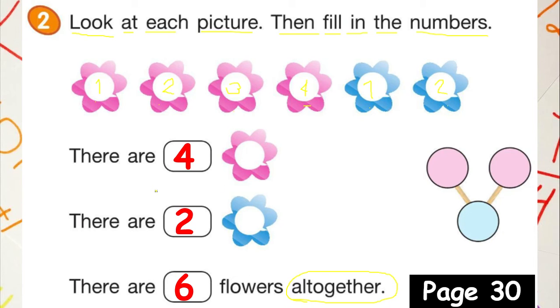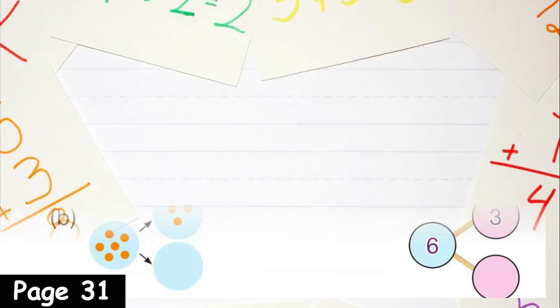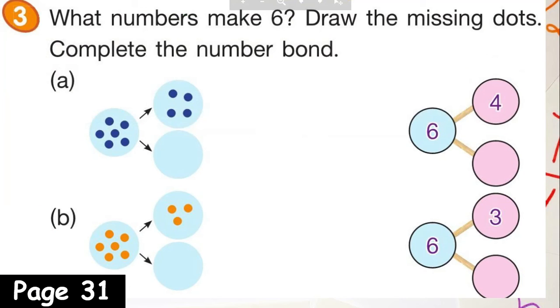We're going to write the first circle 4, and in this one you write number 2 here, and the last one will be 6. So if you add 4 and 2, you will get 6. Okay? Did you get it? Okay, let's move on to test 3.